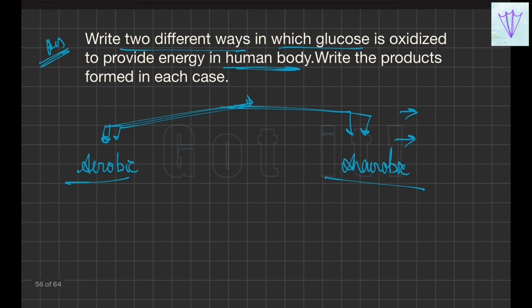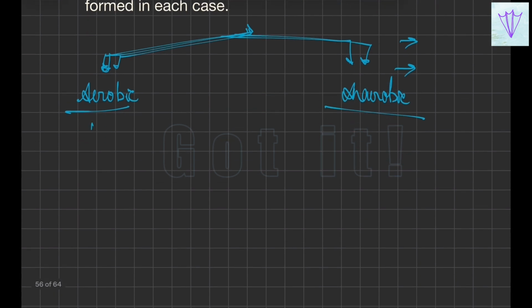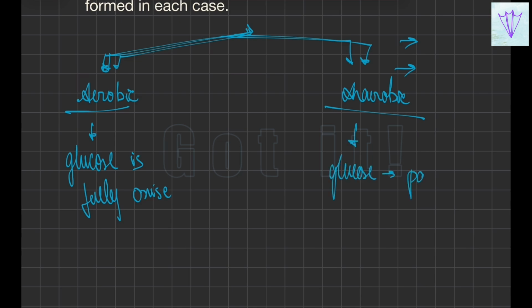What they asked is to write the two different ways in which glucose is oxidized. So here you can see that in this aerobic form, glucose is fully oxidized, while here glucose is partially oxidized. You can write this as your first point.